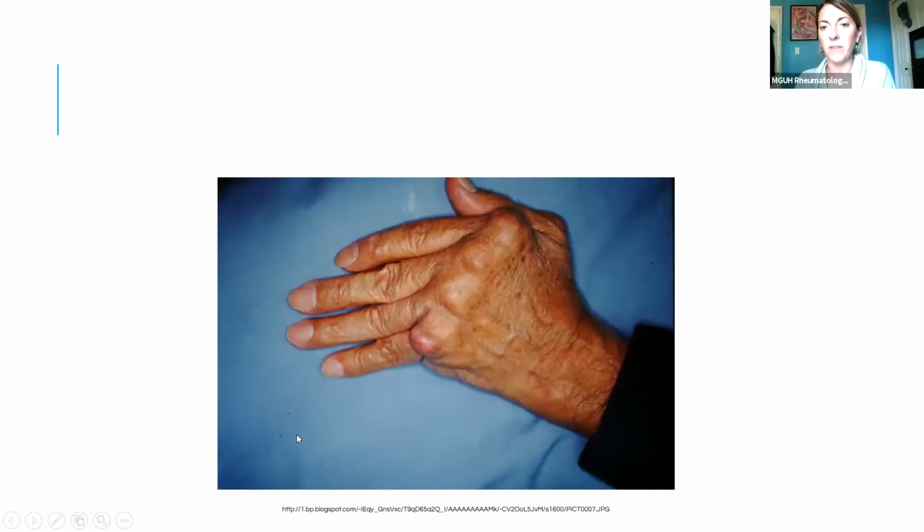This is ulnar deviation. So as you can see, all the digits are pulled towards the ulnar side. Part of why this happens, again, it's all about ligaments and tendons and alignment. You see how prominent the head of the MCP bones are? So what's happened here is that the proximal phalanx here has actually slipped and subluxed underneath the head of the metacarpal bone.